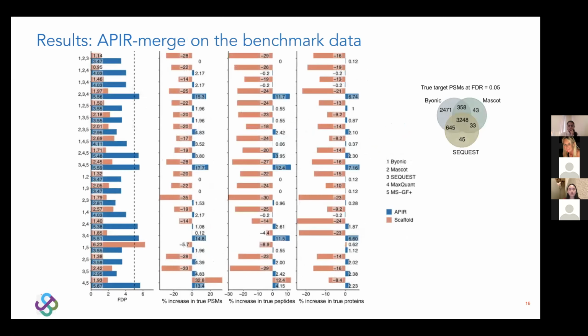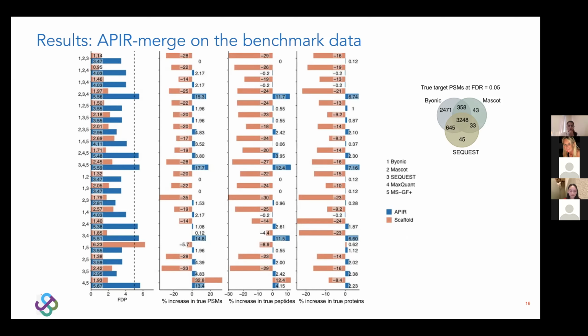And finally, I would like to show the results of APIR-merge on the benchmark dataset. Here, I coded these 5 search algorithms into 1, 2, 3, 4, 5, just to save some space. Because it takes hours or days to run each search engine, we only show the combination of 3 search algorithms or 2 search algorithms, because that's what people will usually do.